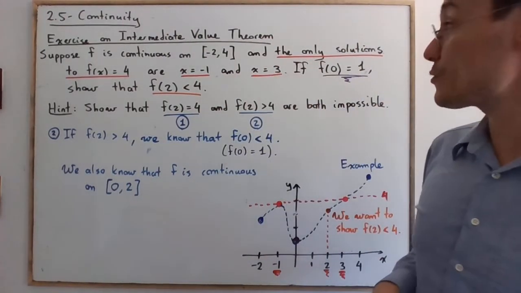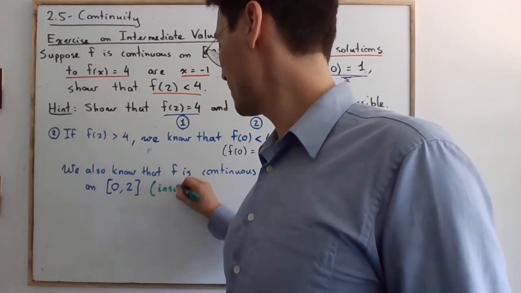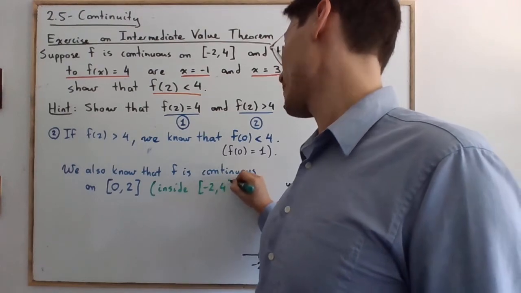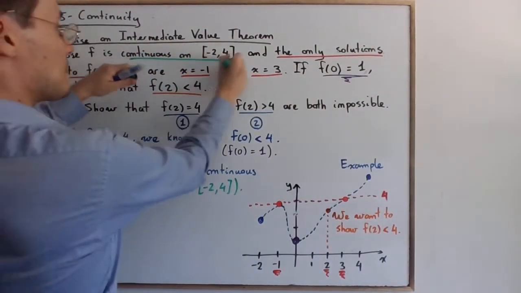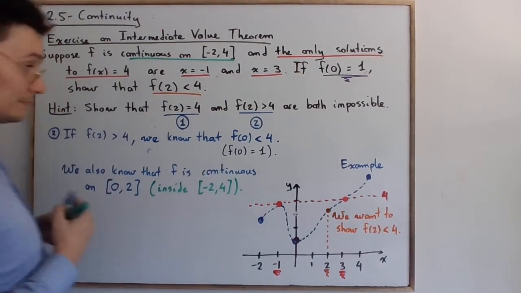Okay. And the reason why this is true is because it's inside the interval from -2 to 4. So we are guaranteed here that the function is continuous on the interval from 0 to 2.